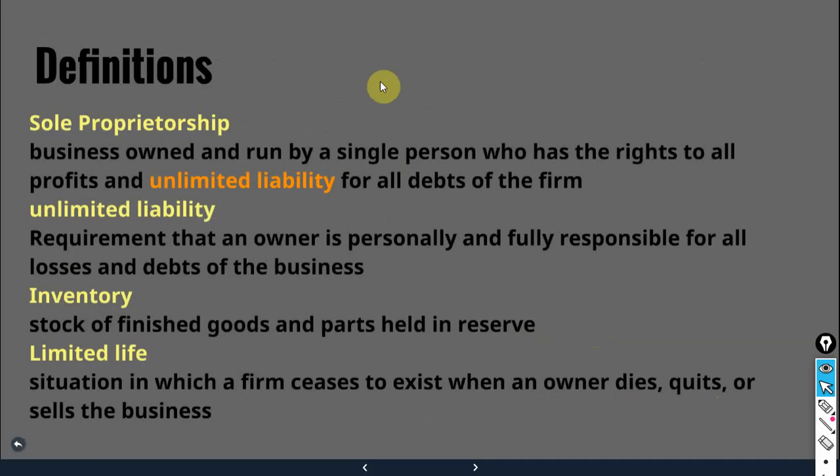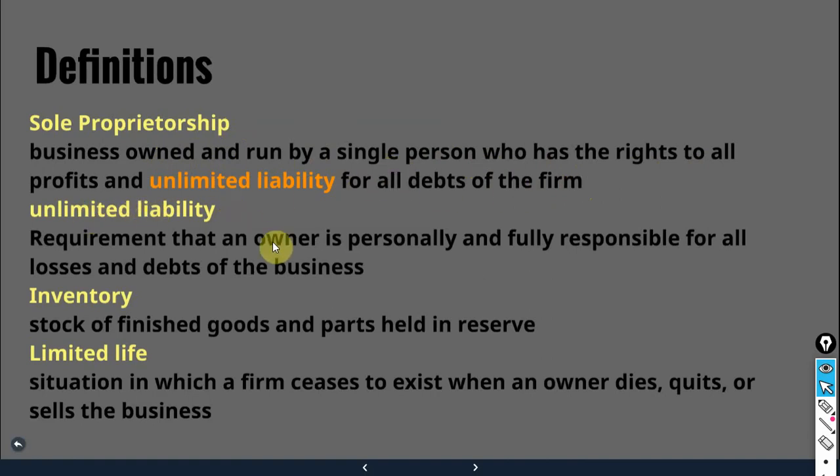Let's learn the definitions that we just covered so far. We have talked about the proprietorship. It's a business owned and run by a single person who has the right to all profit and unlimited liability for all debt of that firm.